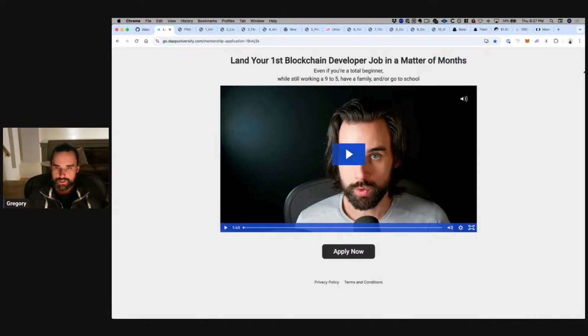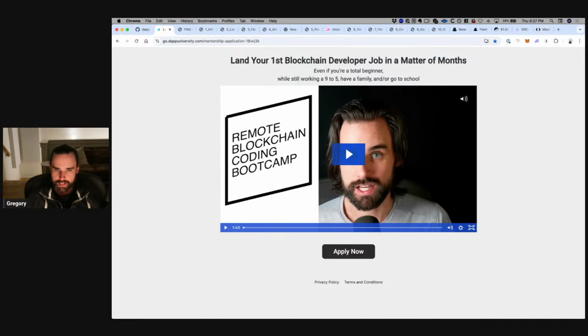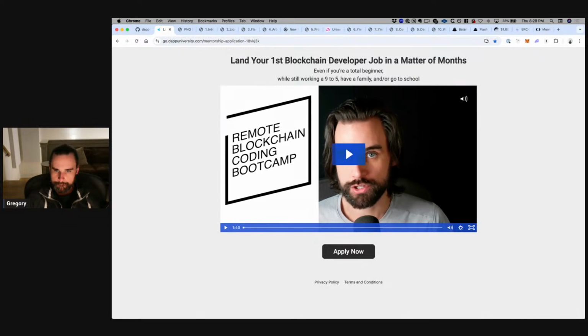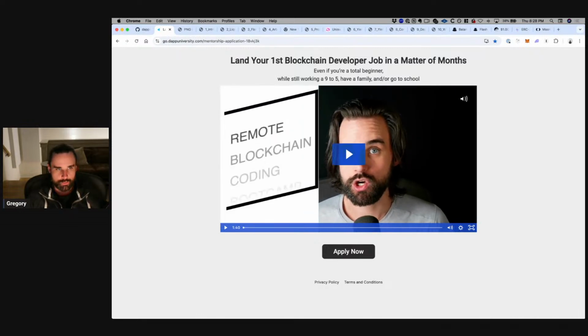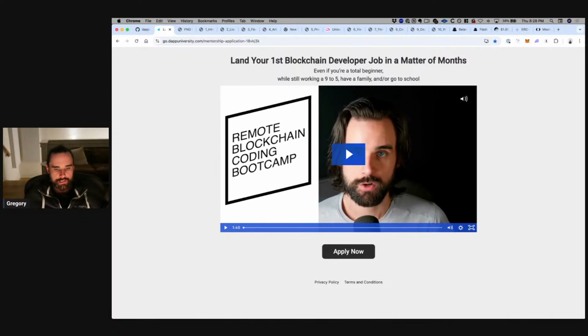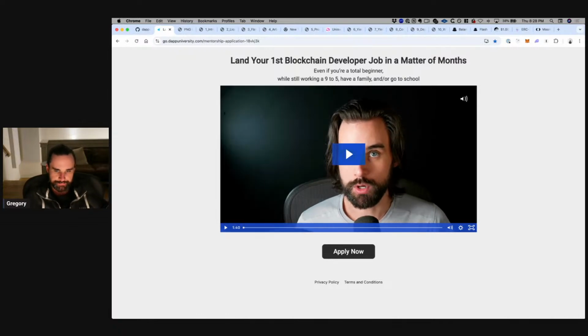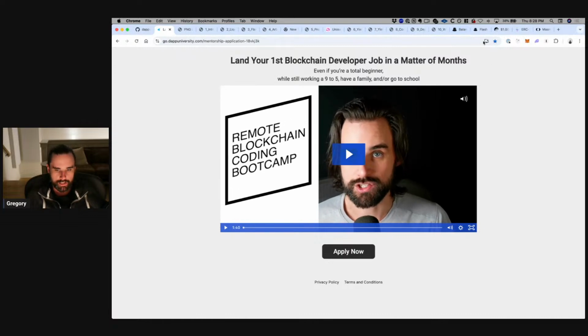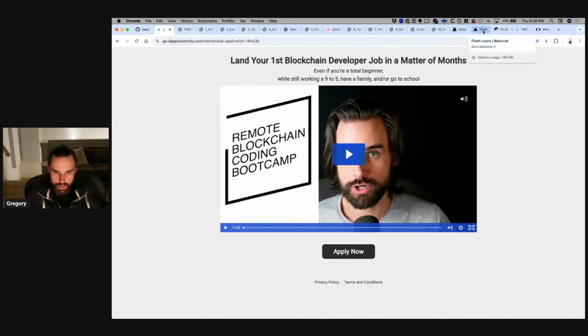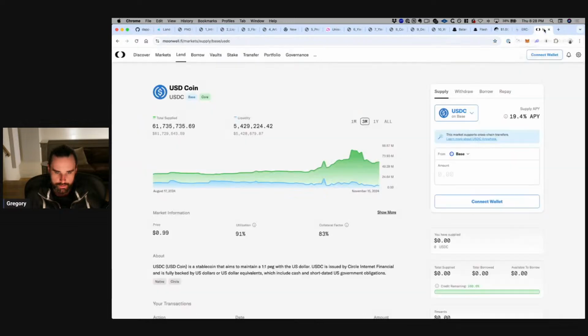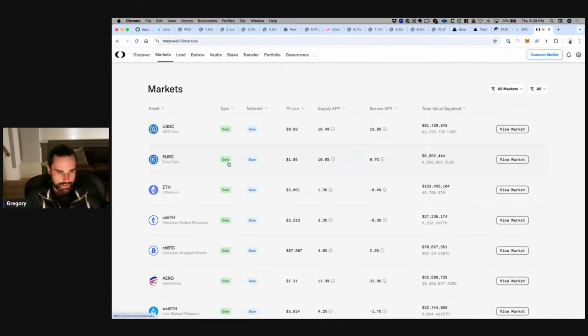So we got some questions here. Can you explain a flash loan yield farm to processing liquidations? Yeah. So processing liquidations, basically what it does is, you've got, on Moonwell for example, these markets inside of here.